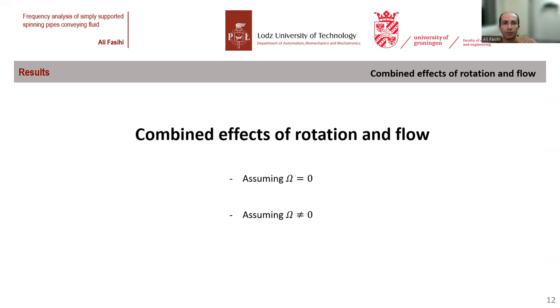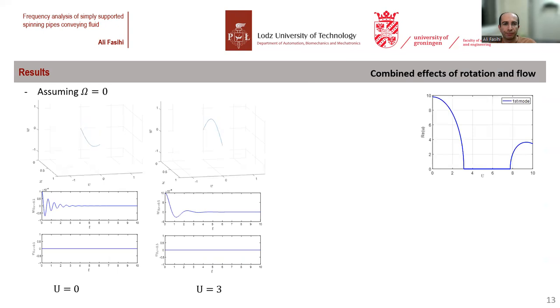This section is divided into two parts. First, we'll look at the non-spinning case and then the spinning case. If we assume there is no rotational speed in the system, it is degraded to a pipe. The dynamics of this system is well known.